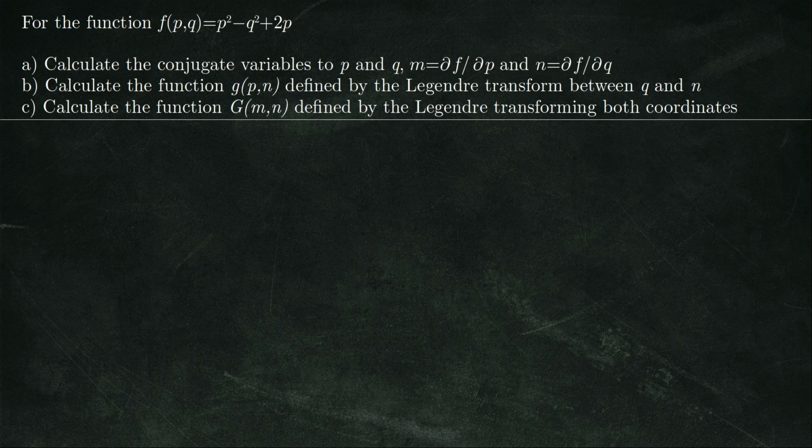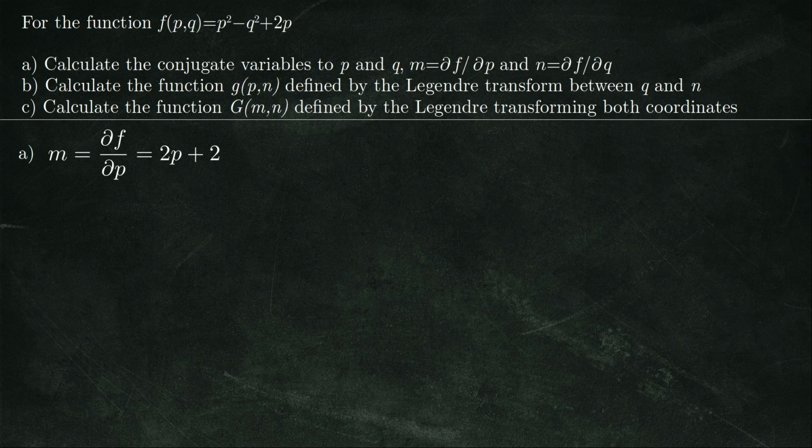We're now going to go through and calculate some conjugate variables, and then do some Legendre transforms. So for part A, we want to find the conjugate variables to p and q. So the conjugate variable to p is m, which is df by dp, which just gets us 2p plus 2. Now have a go and work out n on your own and come back to the video.